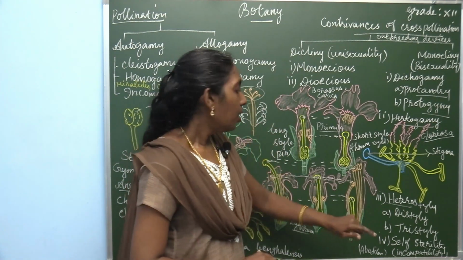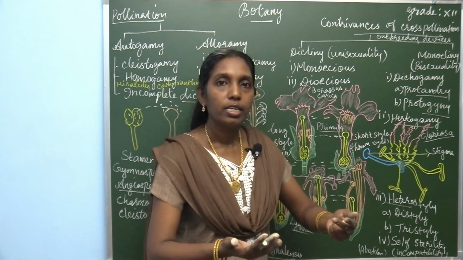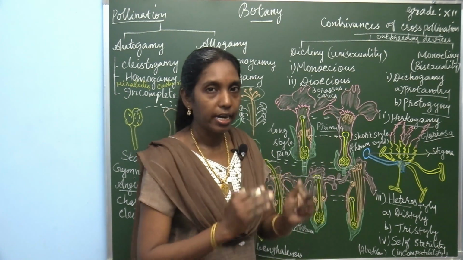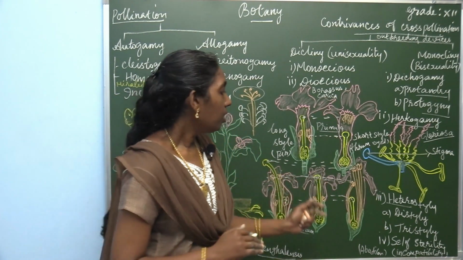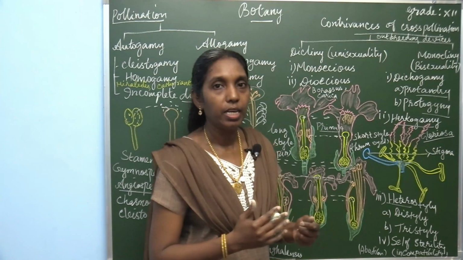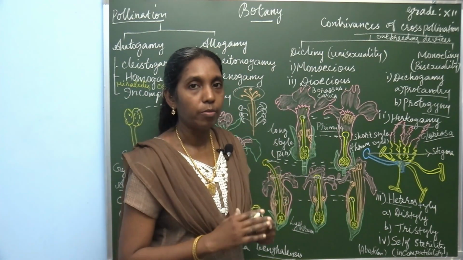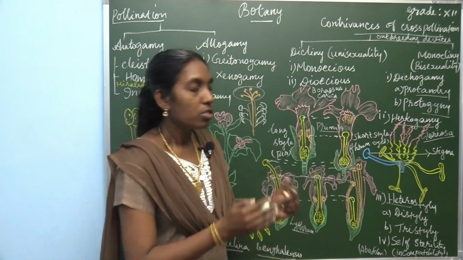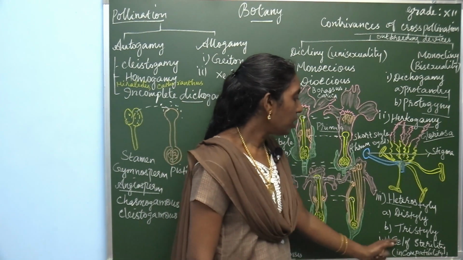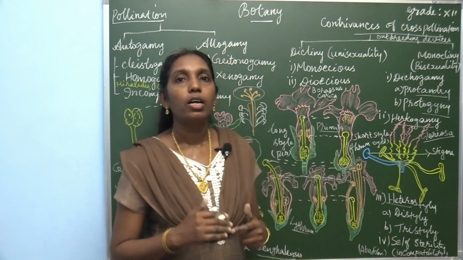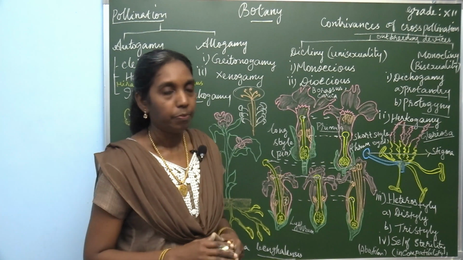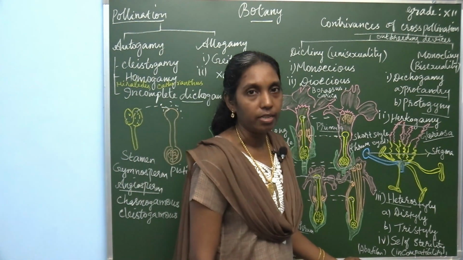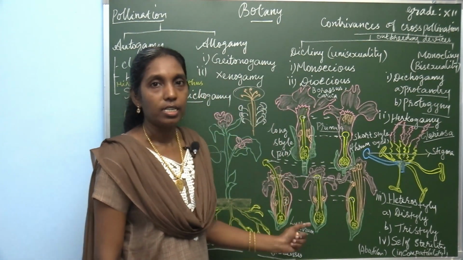In this, the transfer of pollen grains from anther to stigma is carried out, but the pollen tube does not develop, or pollen tube germination does not take place. Such flowers are called self-sterile or incompatible. Example, Abutilon. I hope that you understand it clearly.